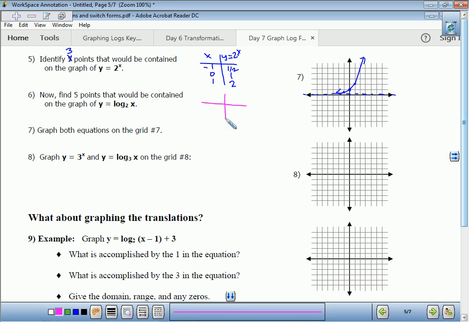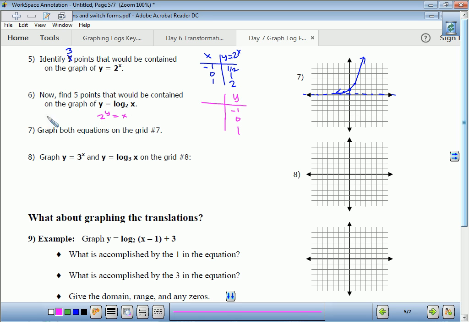So if I were to switch forms here, it's 2 to the y equals x. So if I pick values for x, this could be really tricky. But if I pick values for y, it's actually really easy, because x is equal to 2 to the y.